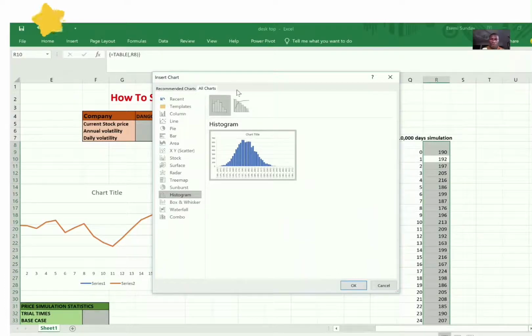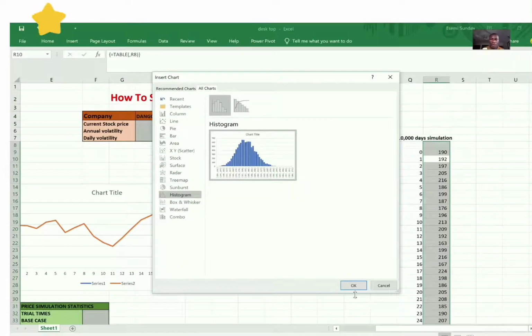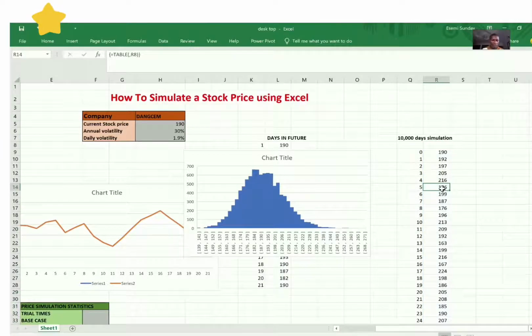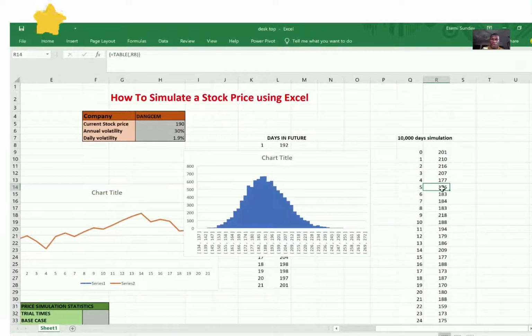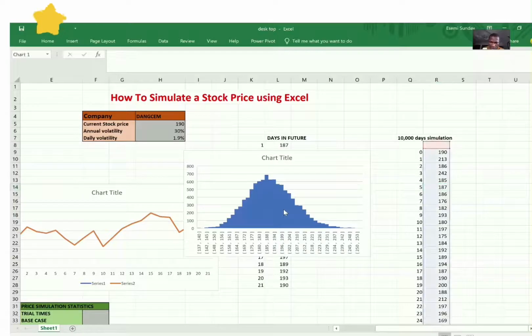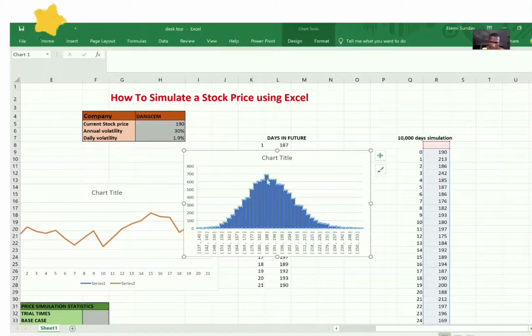So this gives us the price peakedness. So each time there is a movement of the random number, you see that the histogram changes, telling you where the price could possibly be. So in this case, our price will be somewhere in the highest peak here, and that's between 185 to 188.